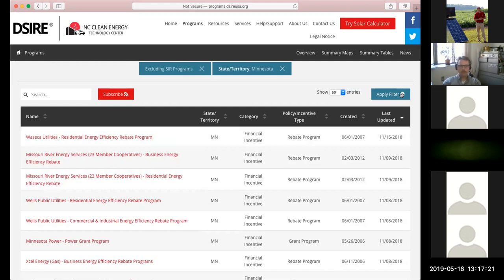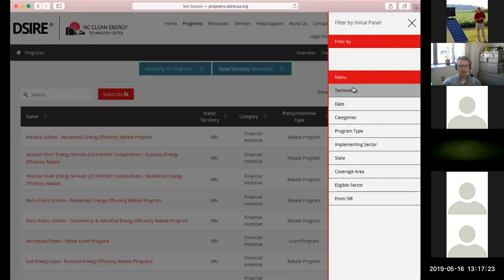Now, the thing I like about this is we can come over and apply a filter. And you can see all the different filter options. We can filter by coverage area, eligible sector, whether it's business, residential, nonprofit, implementing sector. So is this a utility? If we want to find something from the state level, from a utility provider, from the federal level, it just gives you all kinds of opportunities to filter.